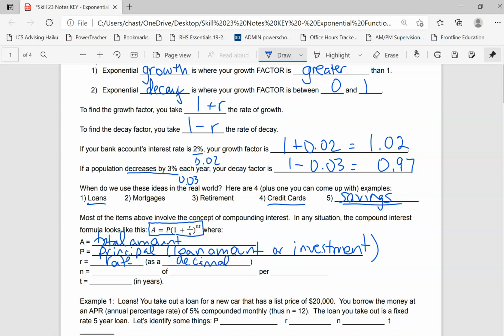That's why in those examples with the percentages a moment ago, I converted those to decimals. Then N is going to be the number of compounds per year. And T is going to be time in years.